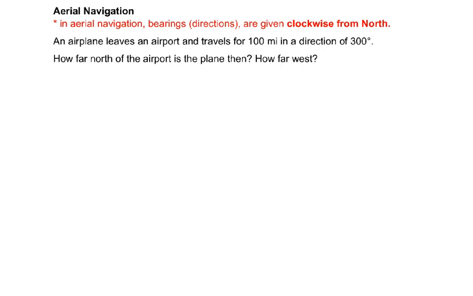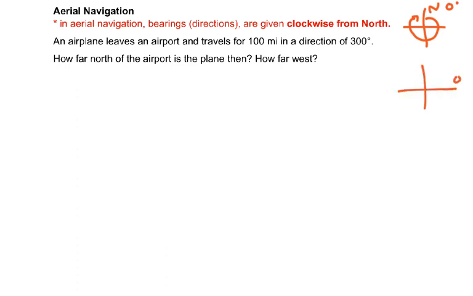One thing to note when we deal with aerial navigation, any planes flying, bearings, which means directions, they're always going to be given clockwise from north. So in this case, 0 is at north, and we rotate all the way around to get 360, which is different than the way we normally start.